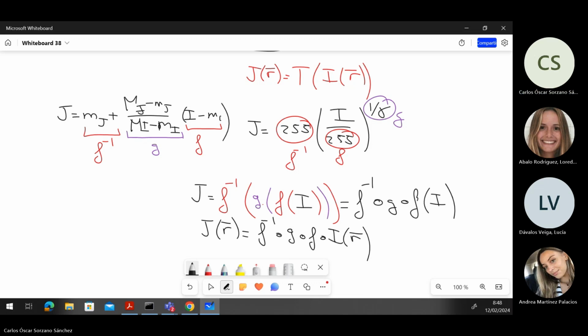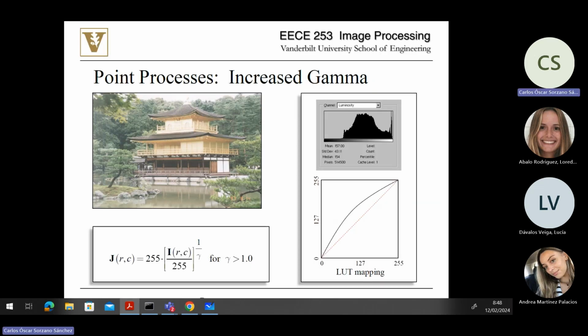Okay, so here we are. This is our transformation for gamma larger than 1. This has this shape. So this is the identity transformation, so no transformation at all. And for gamma, I don't know which value, let's say 2, or 1.2 or 1.3 or whatever, we have this. So it goes away in this direction.